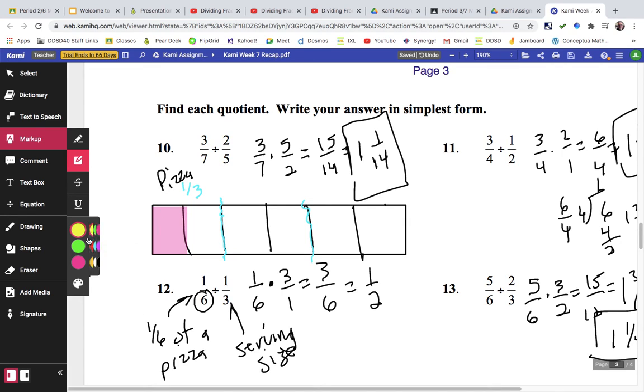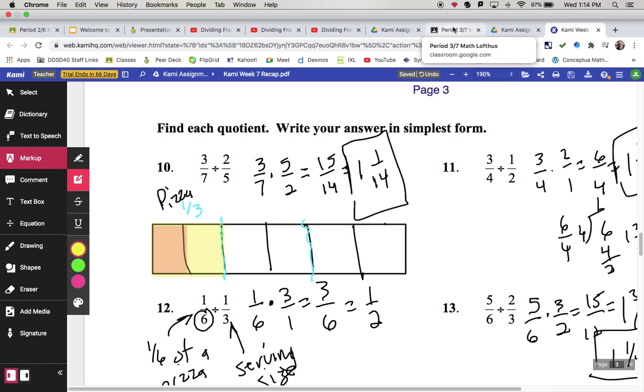That's how much I have. And this is a serving size. So I have 1/2 of a serving size. If somebody came in and said, I'd like a serving of pizza, then I'd have to say, well, we only have half of a serving. That's 1/6 divided by 1/3. And that is a recap of Wednesday, November 4th.